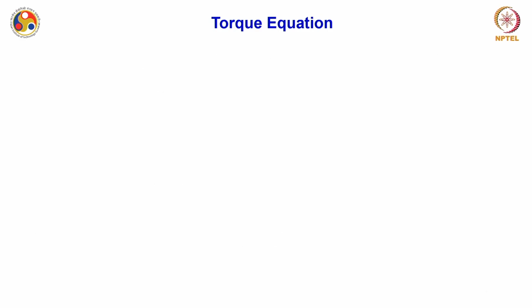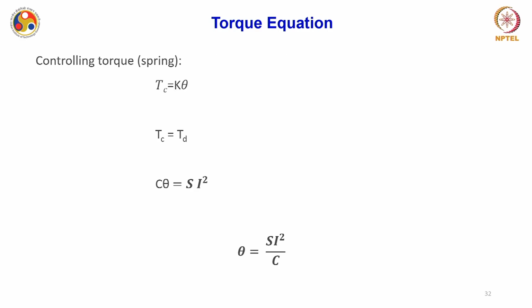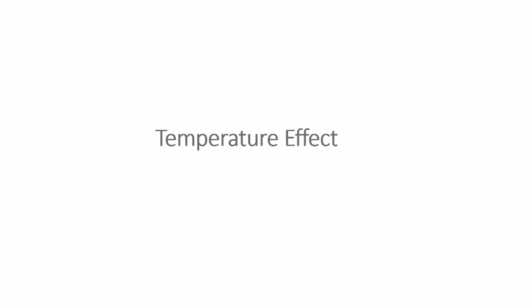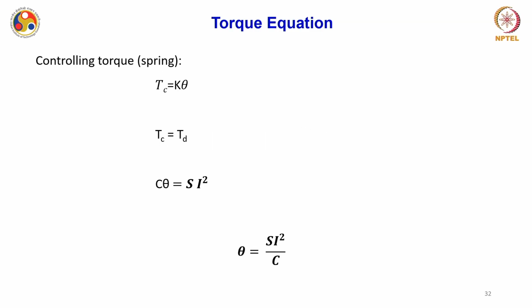Now the controlling torque is provided by the spring, and say the spring has a spring constant K. I am calling this the spring constant, as we have already seen in the previous cases also. In case you are coming to this lecture directly, this will help you. So in this equation, K is the spring constant, so TC is equal to K theta. I am calling this equation 8.